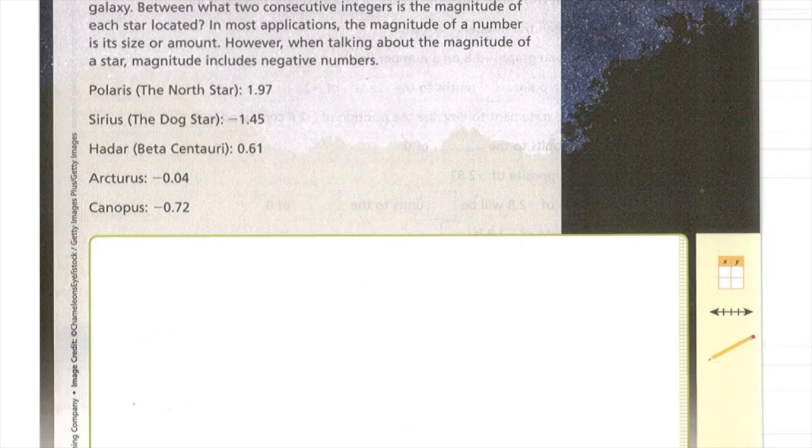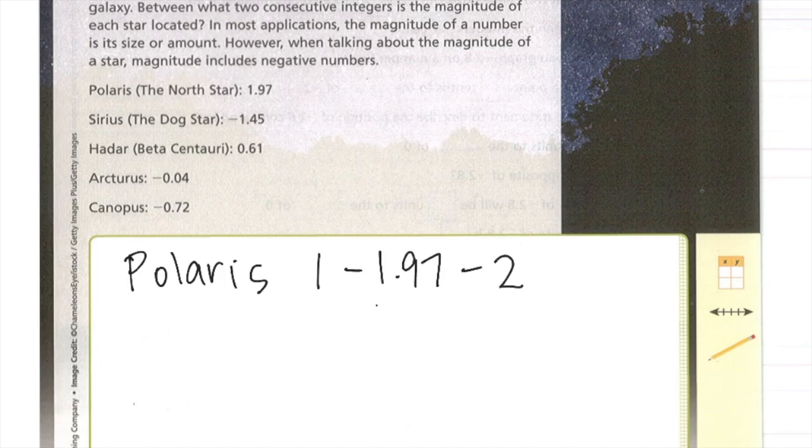So we have Polaris, which is 1.97. So that would be between 1, and then there's 1.97, and 2. Sirius is negative 1.54.